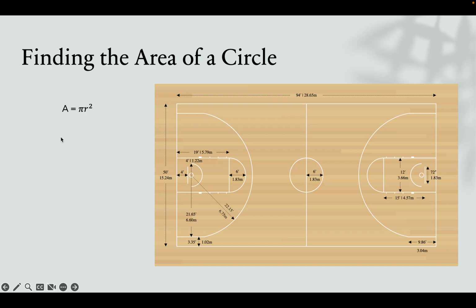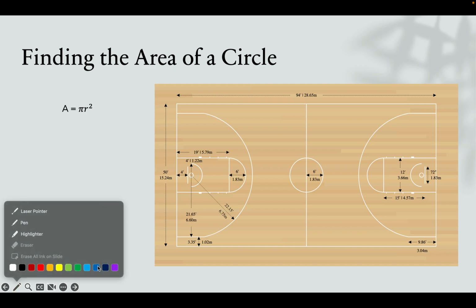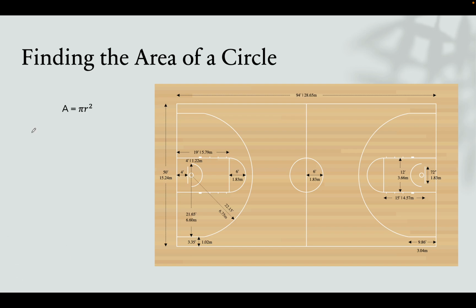So the way that looks when I use a calculator is area equals pi times 6, and then I would press the squared button on my calculator. I really could do this in my head. 6 squared is 36.